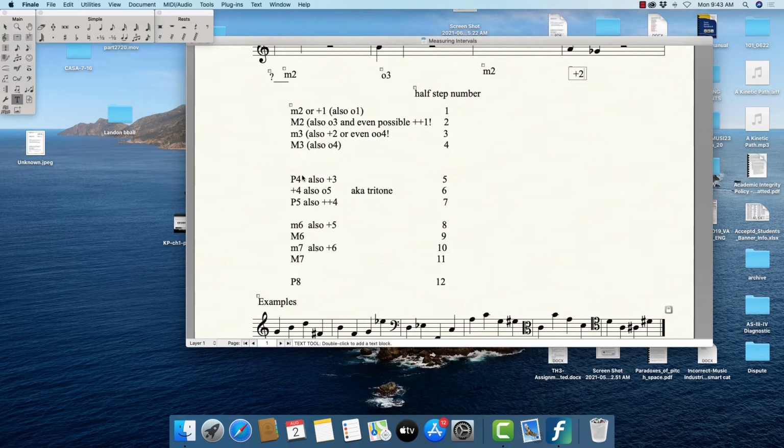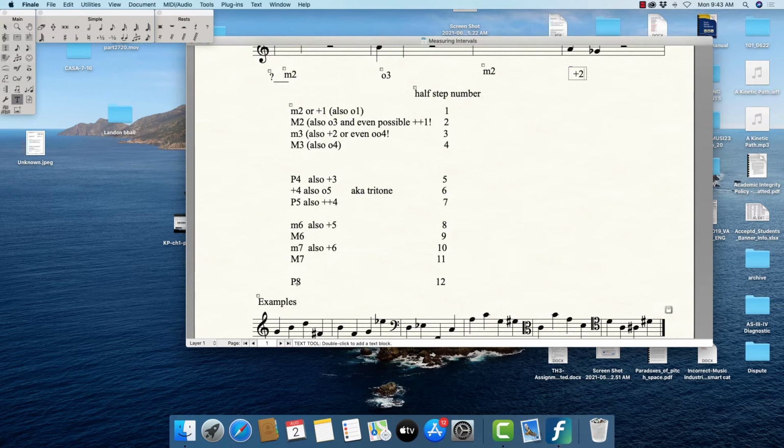Then the perfect fourth is the next thing. So now we start talking about intervals that are perfect. The ones that are perfect are the unison, the perfect fourth, the perfect fifth, and the perfect octave. So we don't ever use the M category for fourths, fifths, unisons, or octaves.